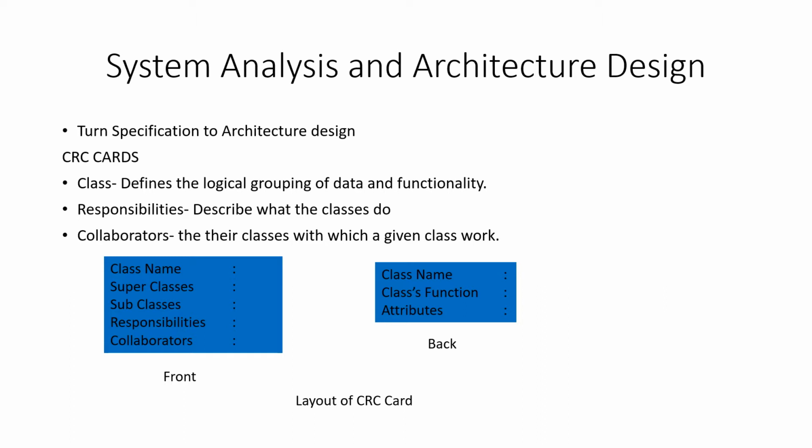The CRC card methodology for system analysis is a very useful method for understanding the overall structure of a complex system. In CRC card, C stands for class, which defines the logical grouping of data and functionality, R stands for responsibility, which describes what classes do, and C stands for collaborators, that is, other classes with which a given class will work.